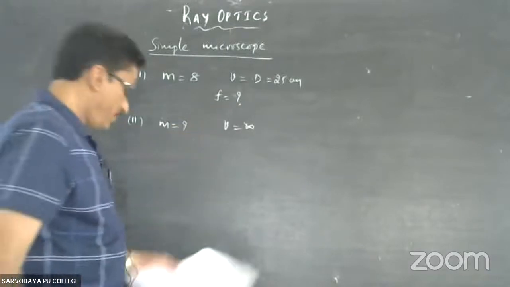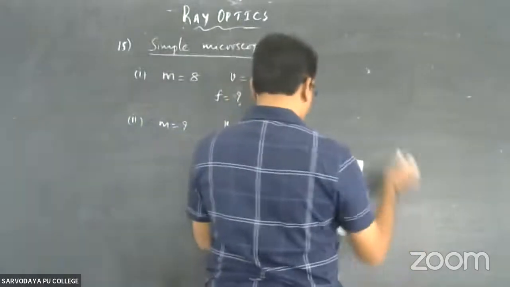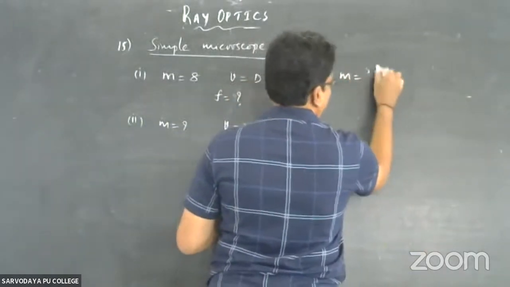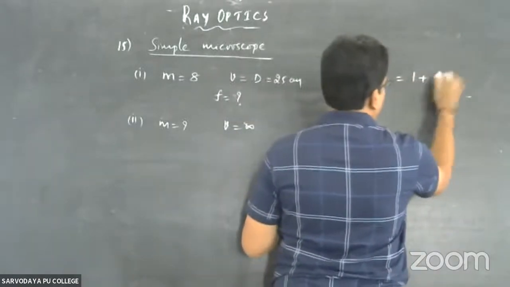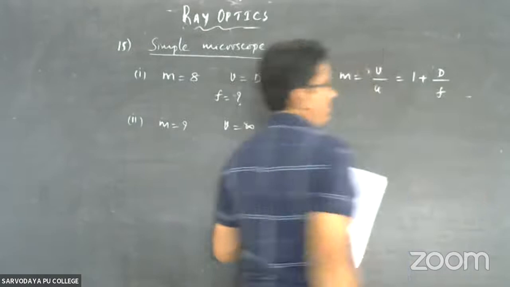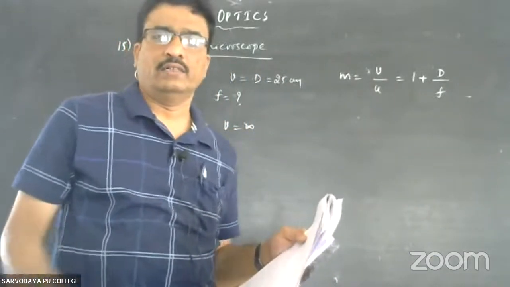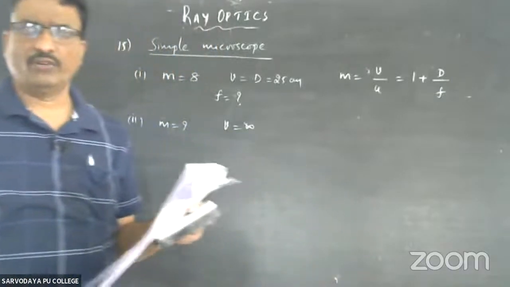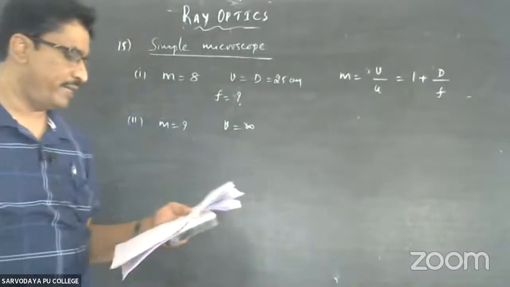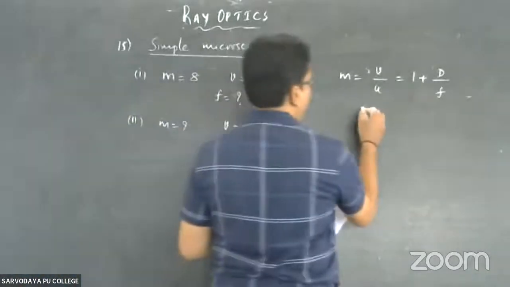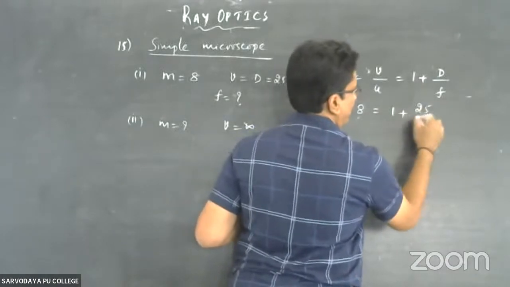Now, for the first part, you know the formula for magnification m. It will be v by u only, but on simplification we get m is equal to 1 plus D by f. This formula is there in the textbook. In fact, while discussing theory, derivation has been made, and derivation is there in the notes also. Therefore, 8 is 1 plus 25 divided by f.